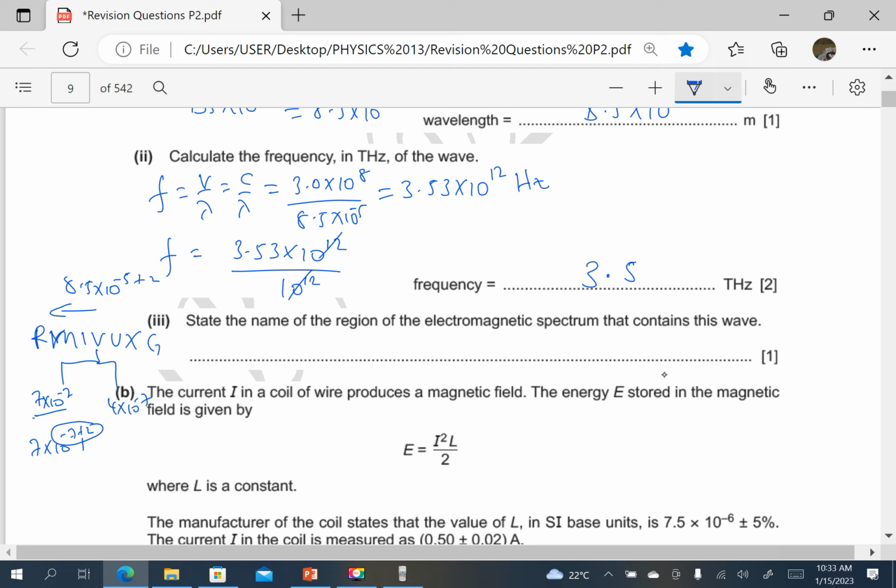Because on red, if I add positive 2 on the power of 10, I get negative 5, the next region. When I add another 2, I get negative 3, which will be microwaves. When I add another 2, I get negative 1, which is radio waves. On the other side, you go on subtracting 2. So this is going to be infrared.